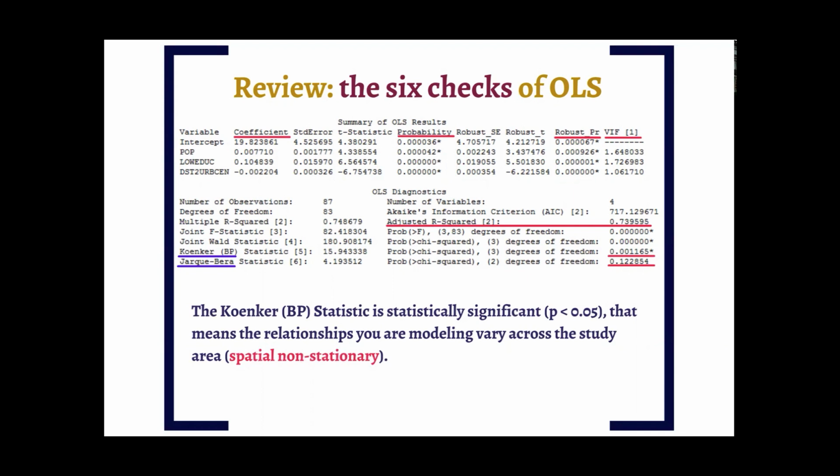Whenever we see a significant result, indicated by the star and a very small p-value in the Koenker statistic, it is an indicator that your model might be changing across the study area. Even though you're building a global model, the Koenker statistic tells you that there may be more you want to consider. Things may change spatially.